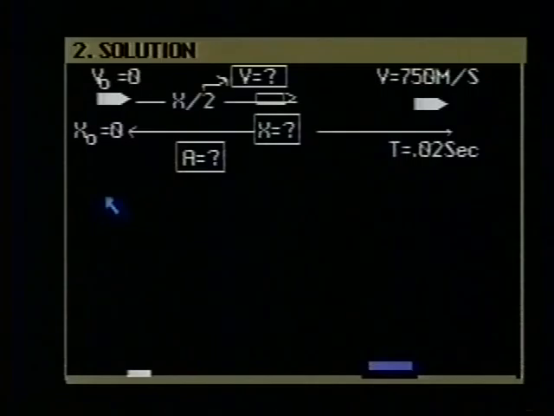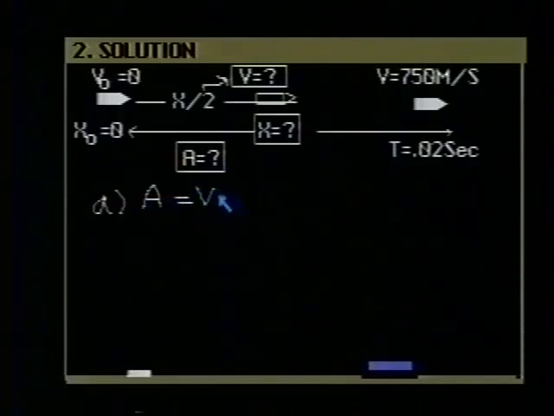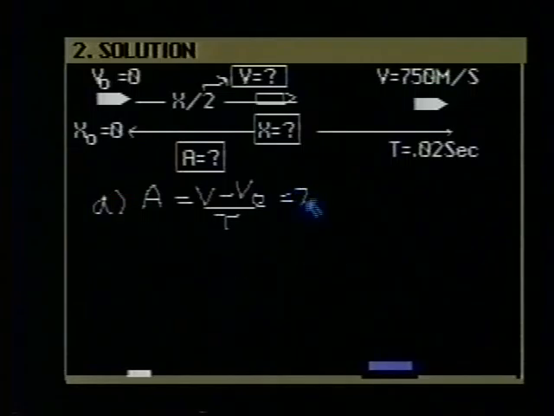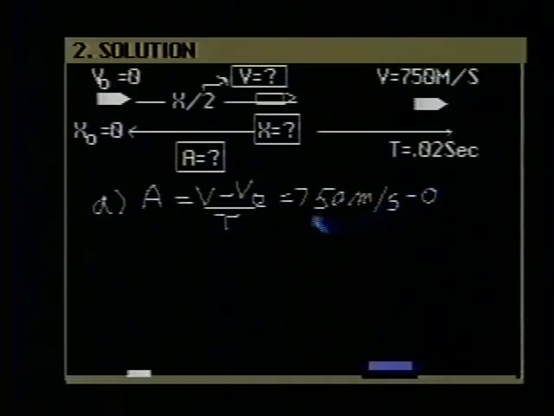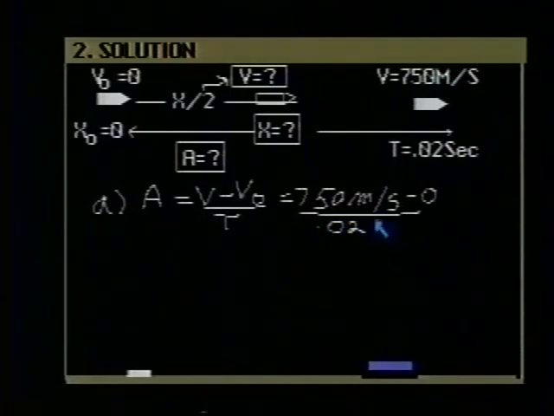Looking at the first part of the problem, we can find the acceleration directly from the definition of acceleration, that it is the final velocity, 750 meters per second, minus the initial velocity, which is 0, divided by the time, 0.02 seconds, and that gives you a value of 37,500.